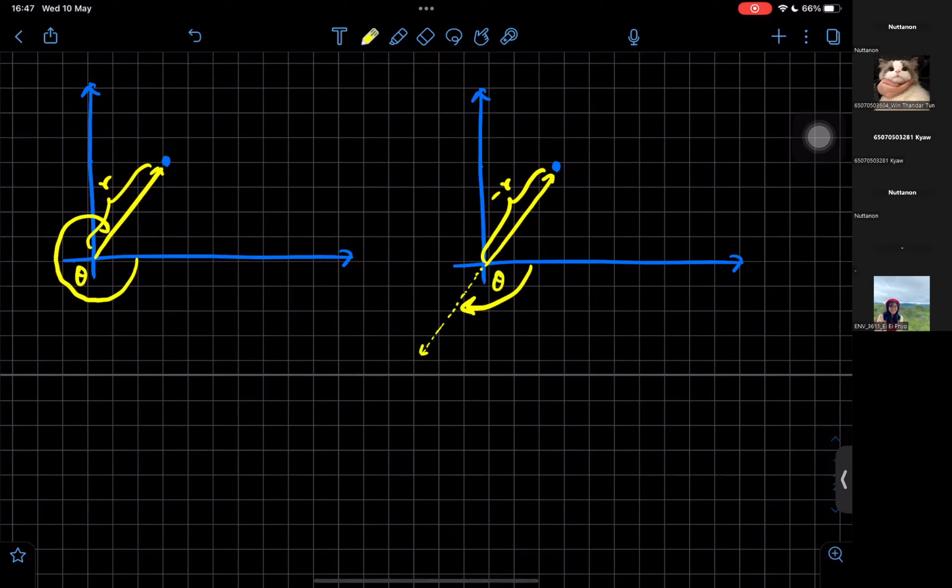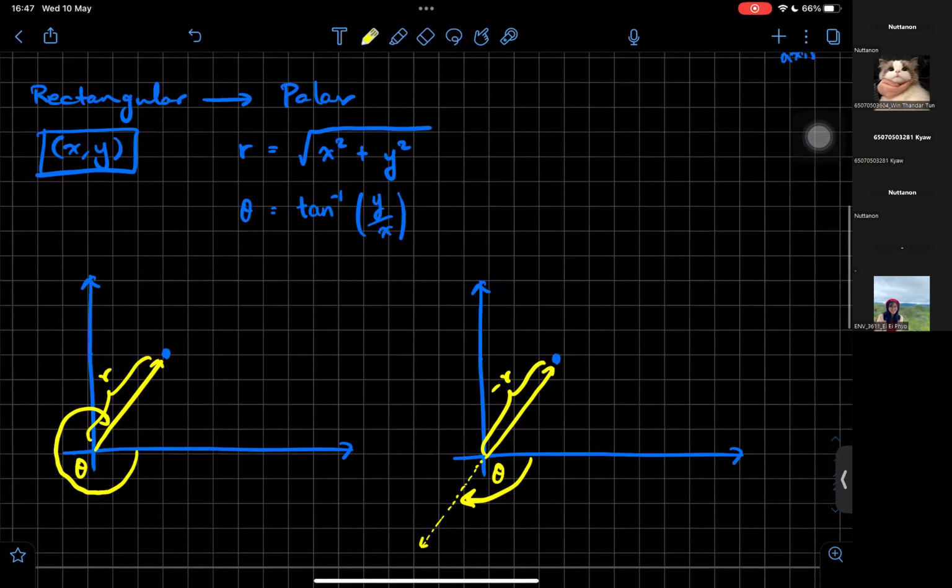This is another theta. So as you can see, when we change from rectangular coordinates to polar coordinates, the polar coordinates don't have the uniqueness property, okay? No uniqueness property.